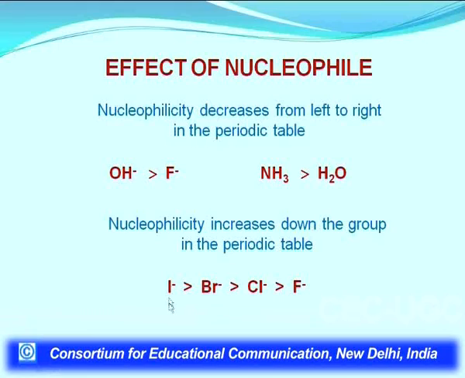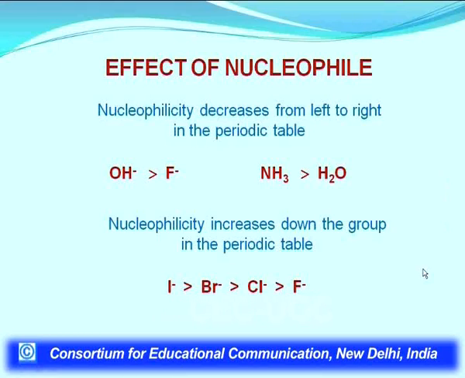This pair of electrons can be shared from a longer distance. So that is why iodide ion is a better nucleophile than bromide, than chloride, and then fluoride. Electronegativity can also be considered for this. Fluorine is the most electronegative, has the minimum tendency to share, whereas iodine has the minimum electronegativity amongst these, so has the maximum tendency to share the pair of electrons.